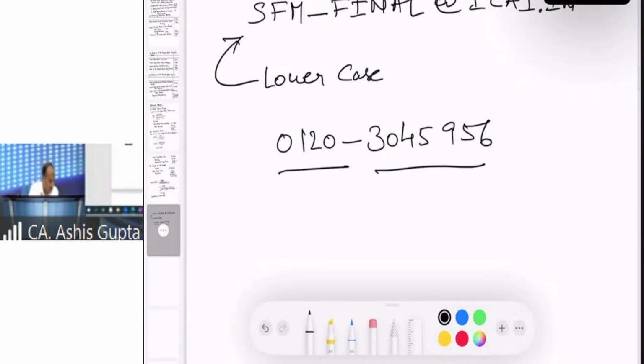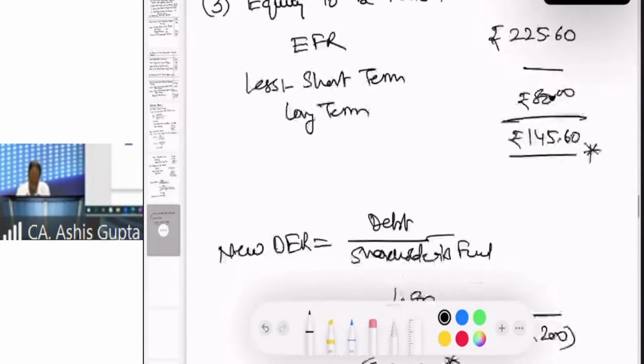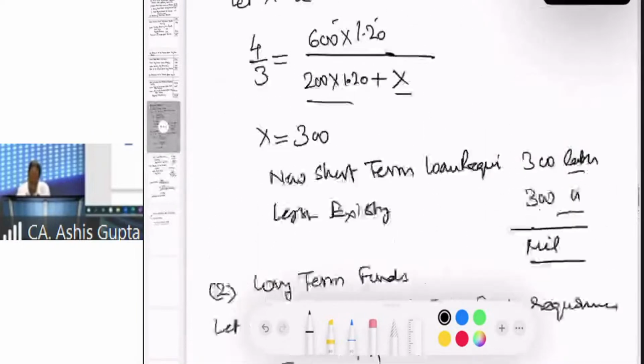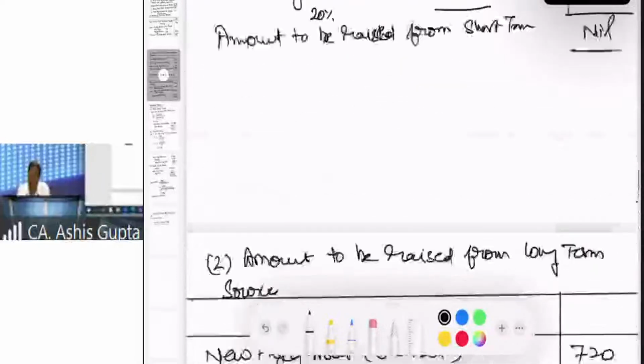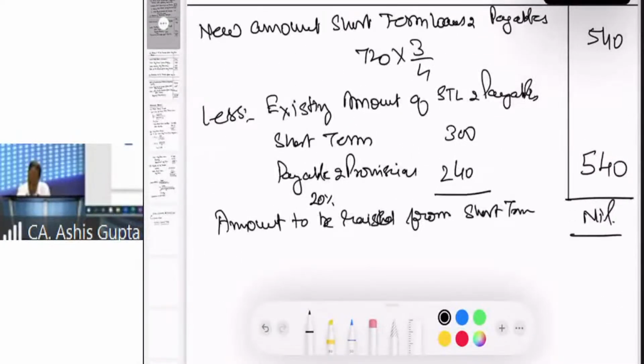One minute. I think Vikalp has asked about the suggested answer. We have taken the figure 450. Yes, let me come to this point also. You are right. You may be talking about short-term loans and payables, with a 1.2% increase.